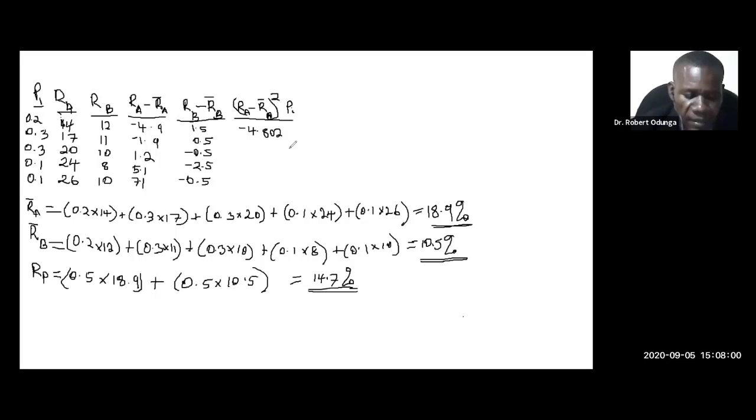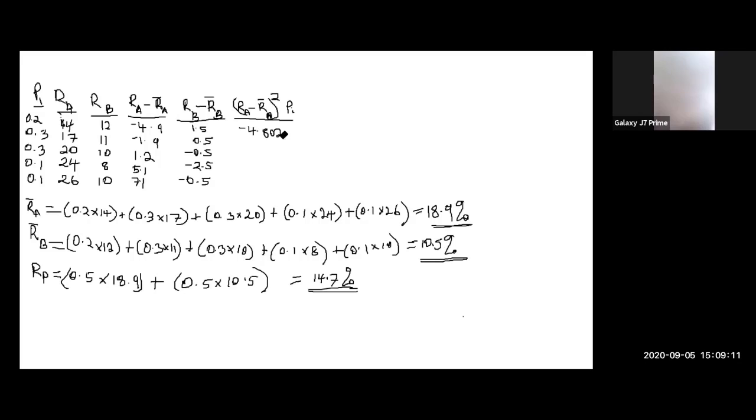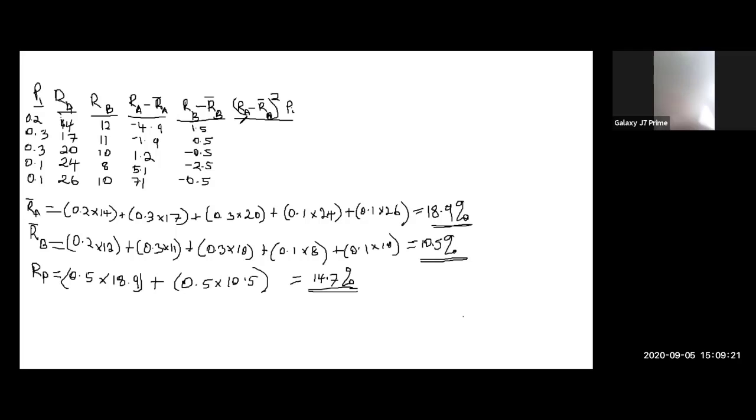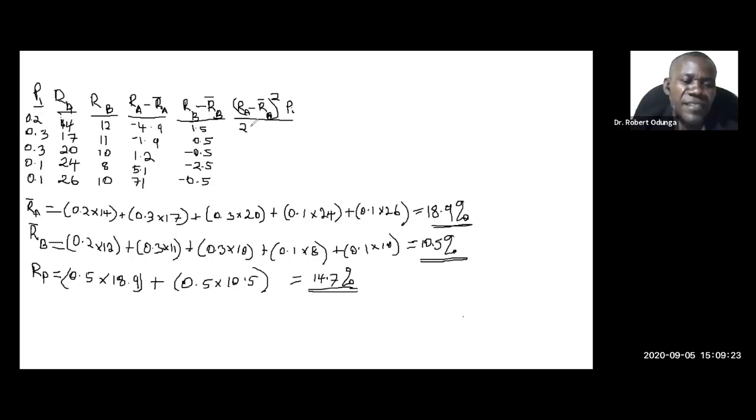Then we take again the next one. The square of a negative is what? It's a positive, isn't it? Yes. So this one should be positive 24.01.